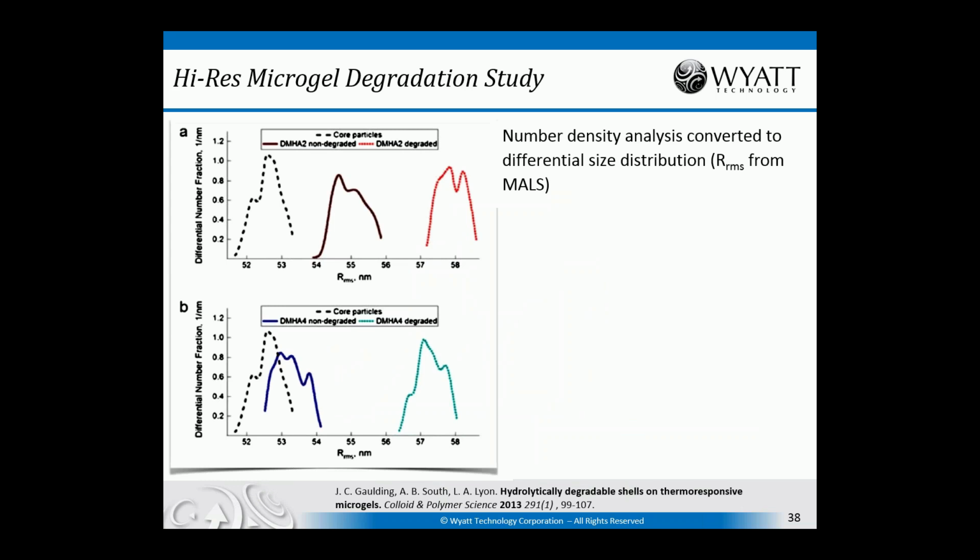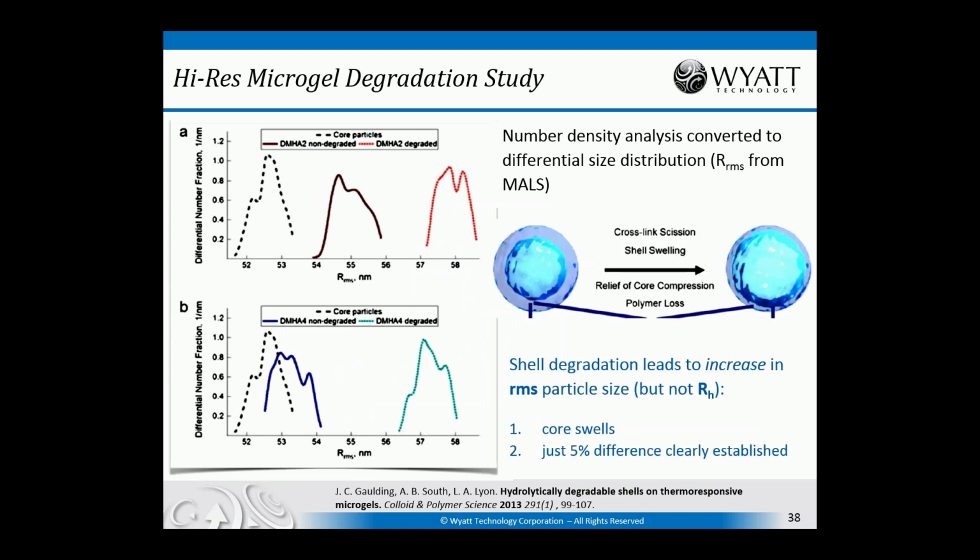So I'd like to look at another application of this same number density characterization. And this was the characterization of microgels, which are core-shell microgels, and involve some degradation by breaking links on the shell. Okay.